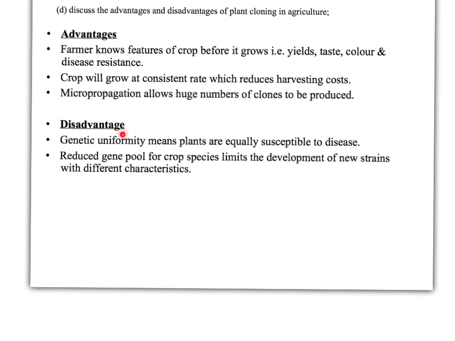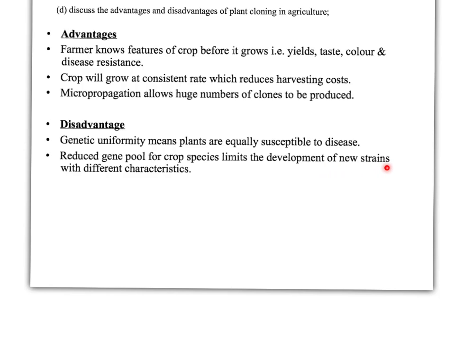Disadvantages: the genetic uniformity, which up here is such an advantage, can also create problems. It would lead your plants to be equally susceptible to a particular disease that might come along, and the widespread use of cloned plants reduces the gene pool. This will prevent or reduce the possibility of developing new strains with different characteristics in the future.